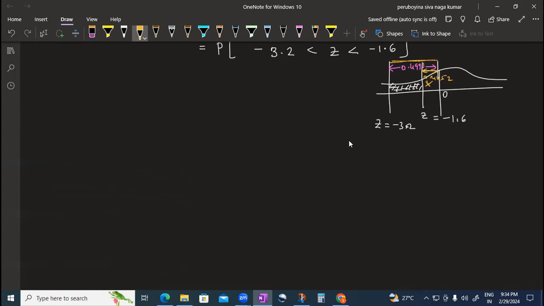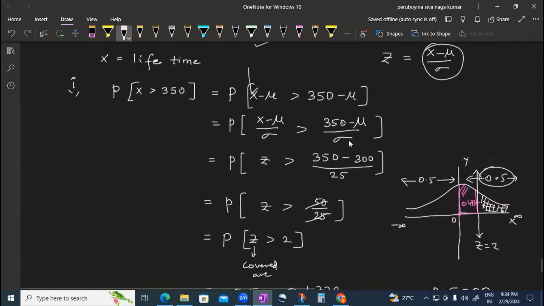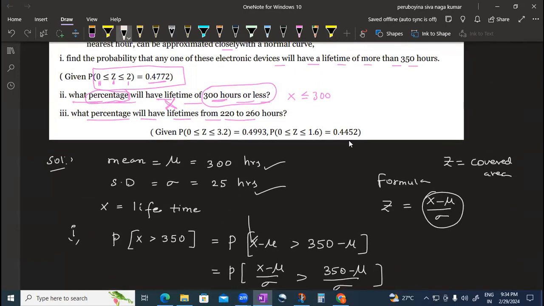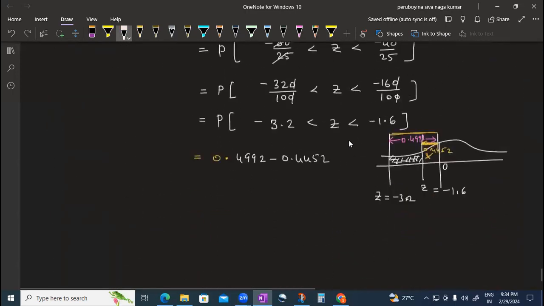This part is 0 to 0.4452. So what we do is from 0.4993 we will subtract 0.4452.